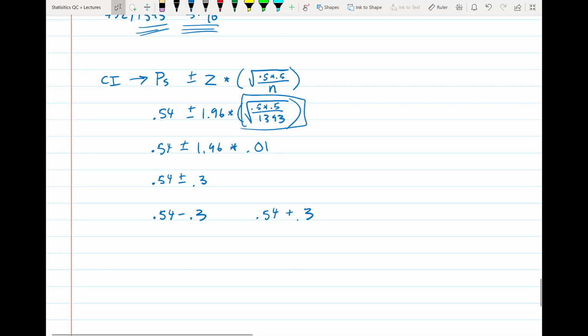So we're going to get here 0.51, and we're going to get over here 0.57. So it looks as if in 95% of all the possible samples we could have drawn, our candidate is going to be above the 0.50, the 50% that he needs to win this election. So that would be how you solve this kind of a problem.